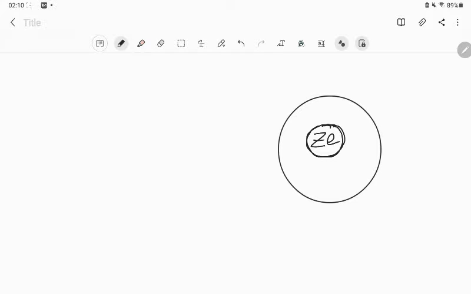And the electron is orbiting in this radius. Let's say its radius is Rn, and the velocity is Vn, and the charge on the electron is e.